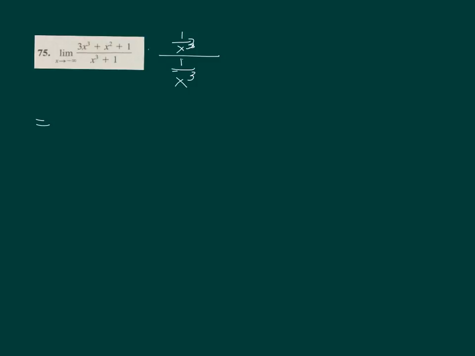So this gives us the limit as x approaches negative infinity, and 3x cubed times 1 over x cubed is just 3. x squared times 1 over x cubed would be 1 over x. 1 times 1 over x cubed is 1 over x cubed.